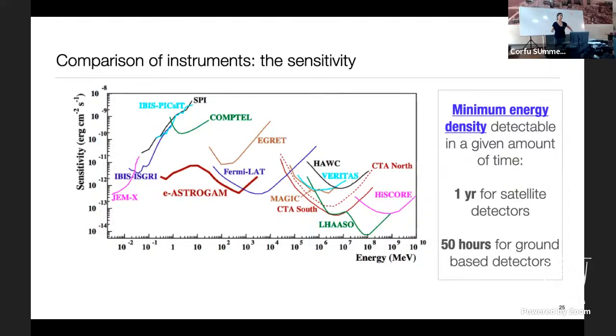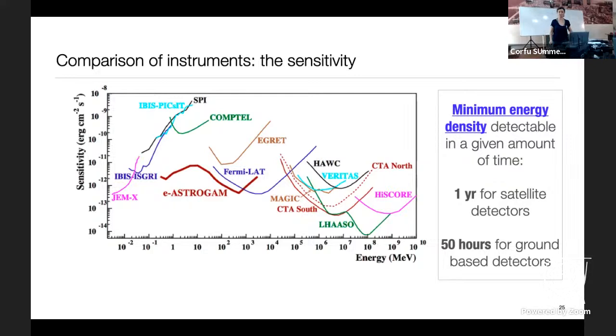Usually what you see is that all instruments start high, at the highest values. And then with progress advancing, the sensitivity goes down because you improve your ability to detect faint fluxes, okay? So usually when you have a new generation of detectors, you go down in this scale because you're able to detect even fainter flux from a source.